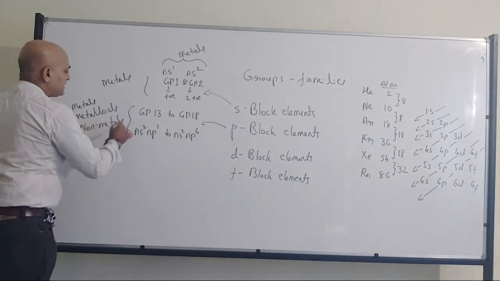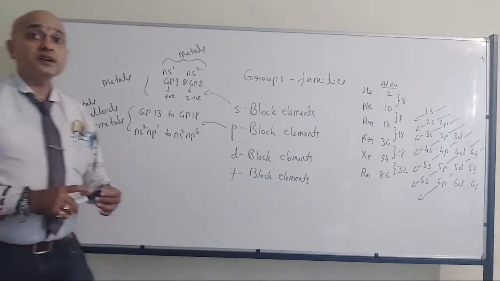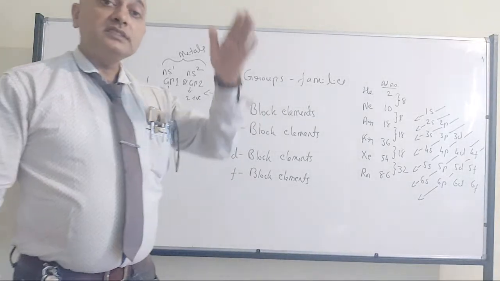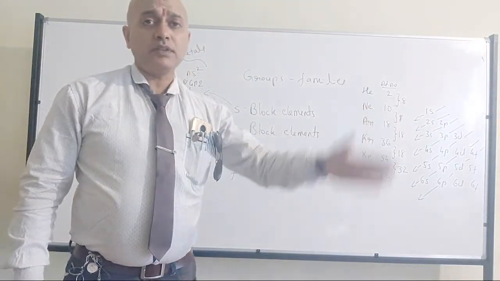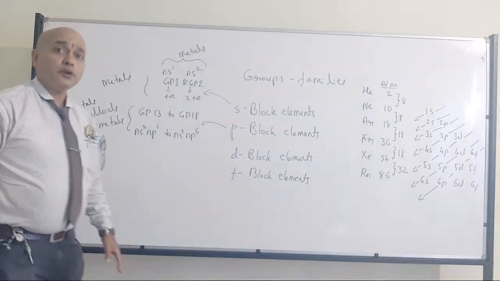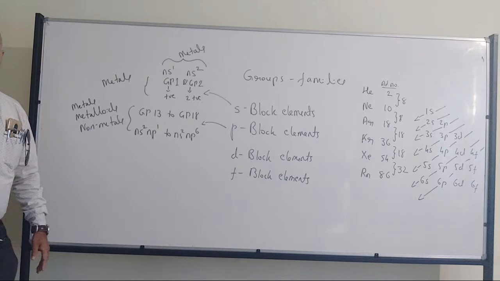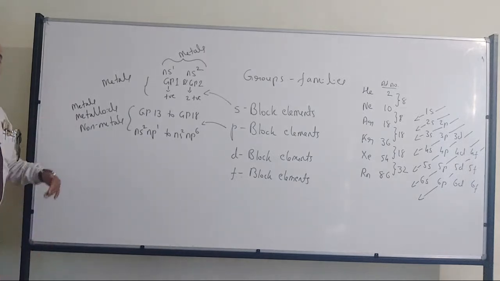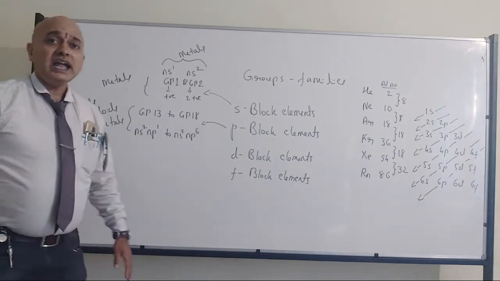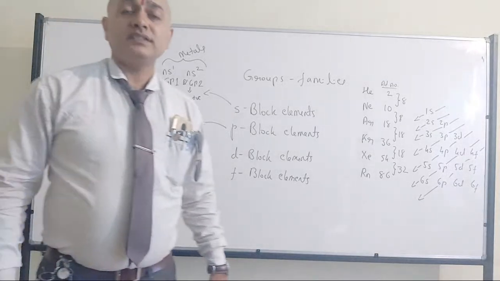This is the only block in the periodic table where we can observe all three categories of elements. We can have metals, metalloids, and non-metals.